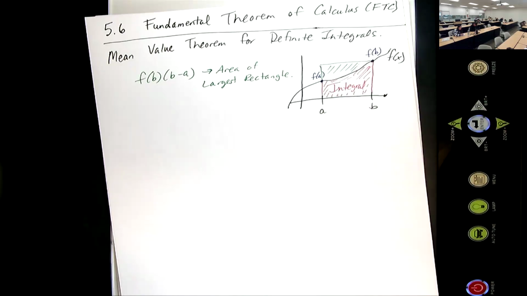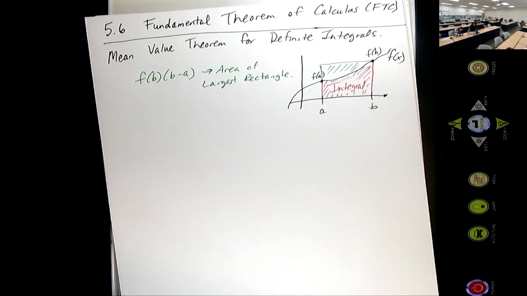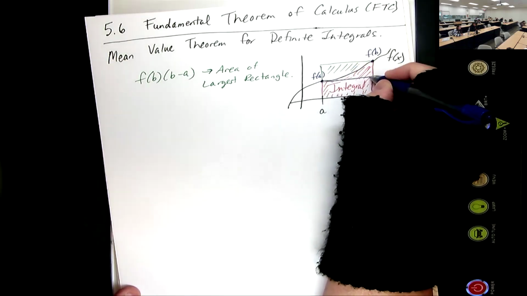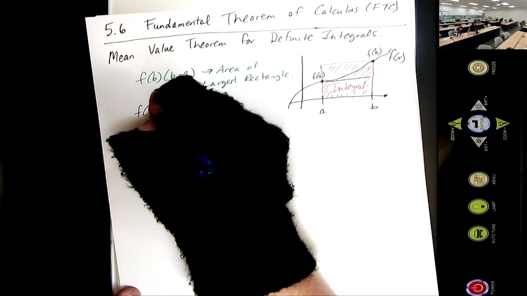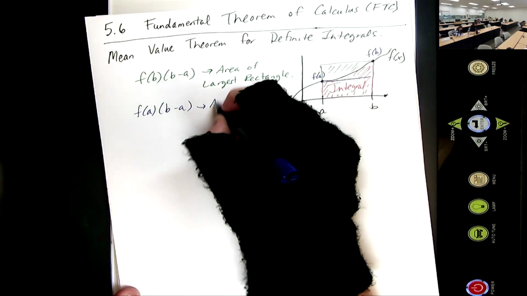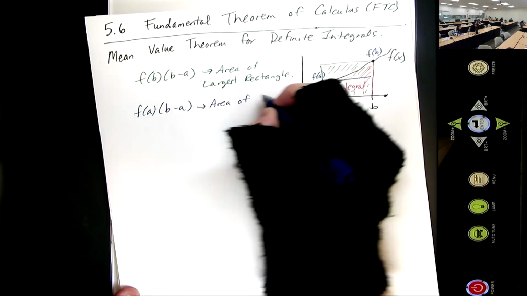It includes that. If I did the area with f of a, f of a times b minus a, which is the width, is the area of the smallest rectangle.